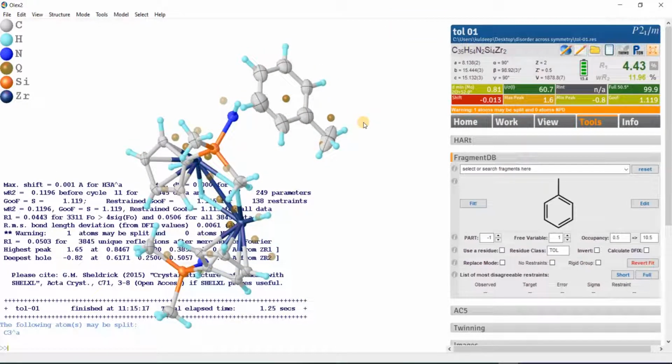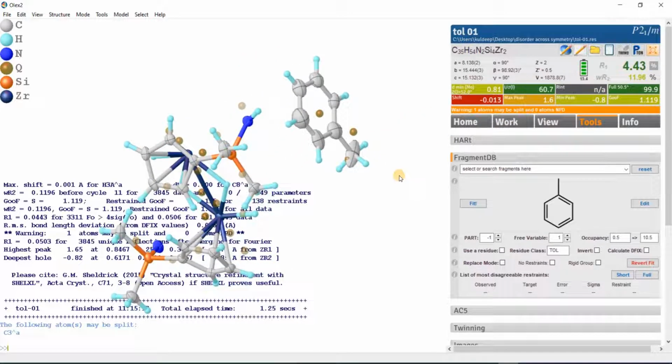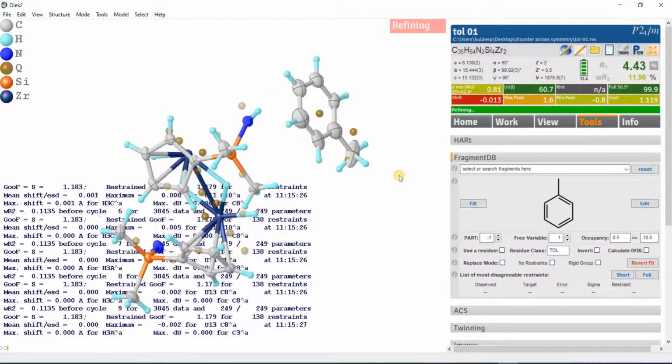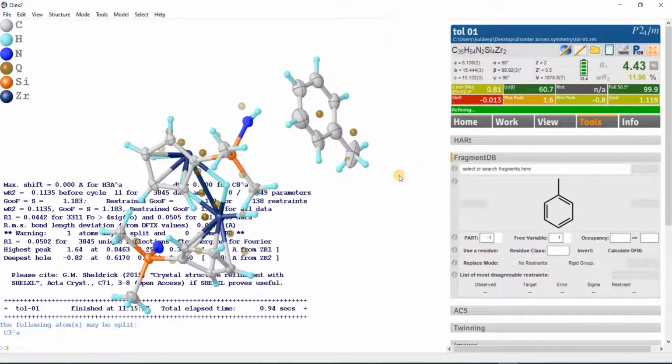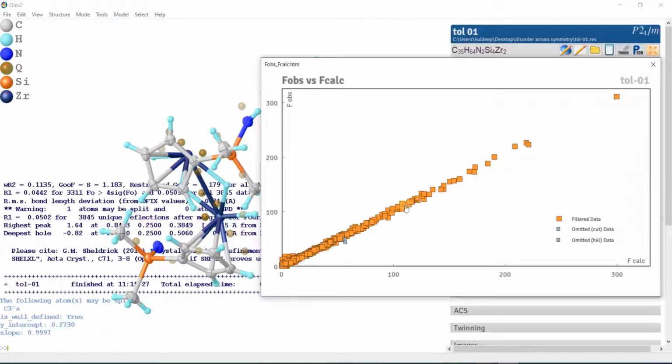Now the R factor is further down to 4.43%, and one or two more refinements will settle down the shift, and the R factor is around 4.42%, and the F observed versus F calculated graph is now looking very nice.